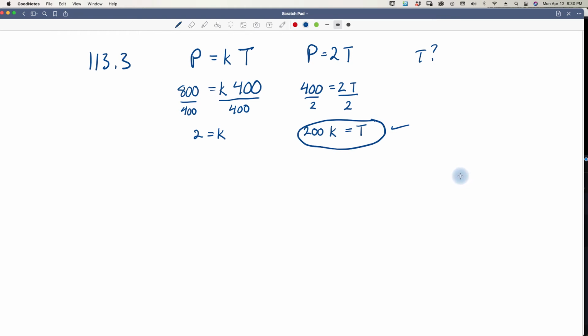Easy peasy. Just listen to what is being said and look for your key words. Varies directly or is directly proportional. Those are the 2 words you are listening for. All right, now we are going to flip a switch and talk about inverse variation.